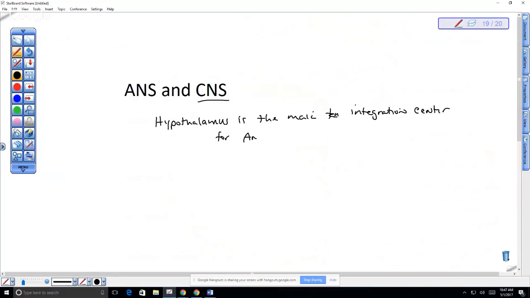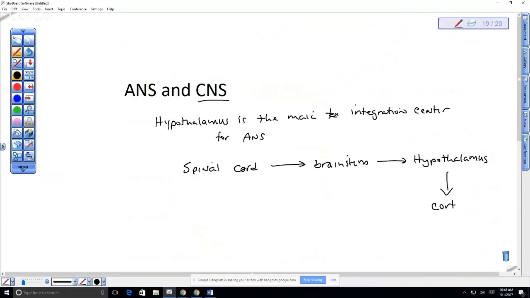So if we're talking about fibers coming from the lungs, they go into the spinal cord, then they go up, and they also travel through the brainstem. This is where it is integrated, but it can go from the spinal cord to the brainstem, to the hypothalamus. And there is some ability to go from the hypothalamus to the cortex.